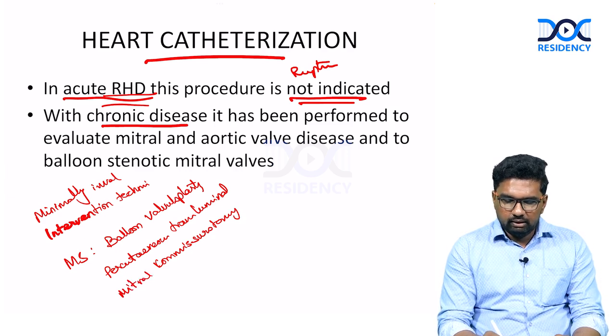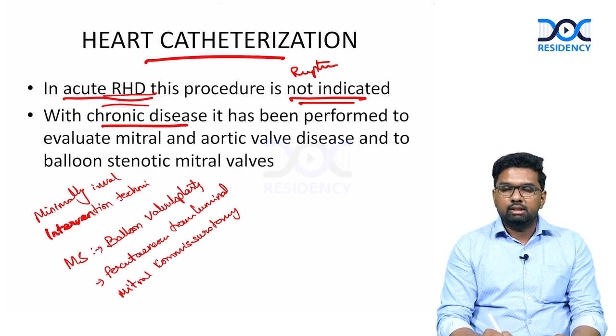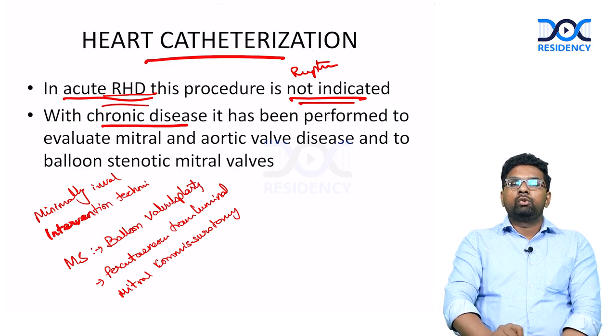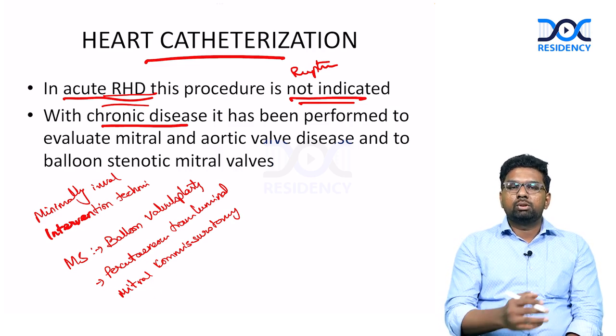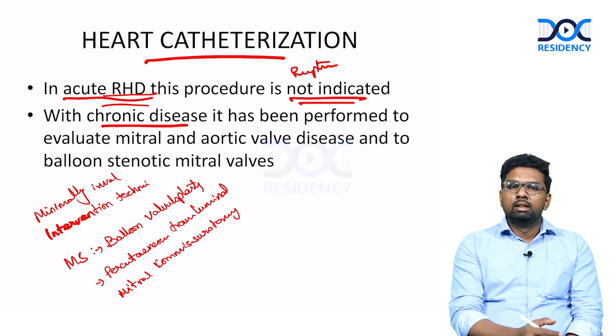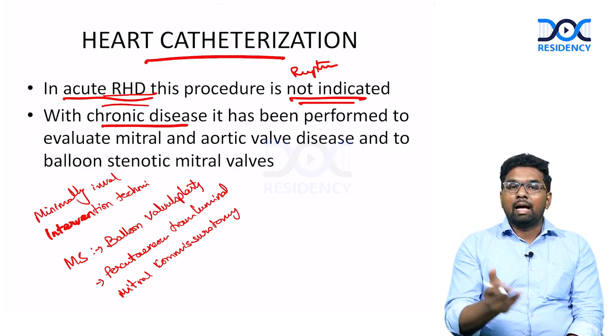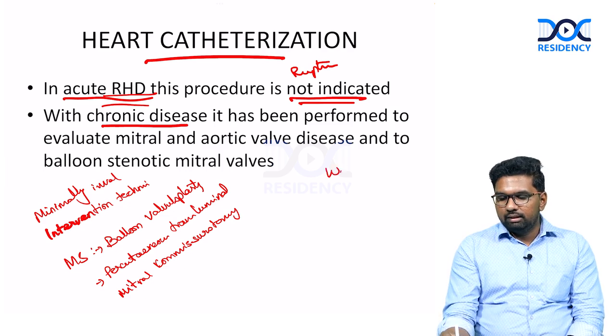So these are the minimally invasive procedures that can be done for mitral stenosis because of RHD or any reason, if the valve is fit for minimally invasive surgery after applying the Wilkins scoring system.